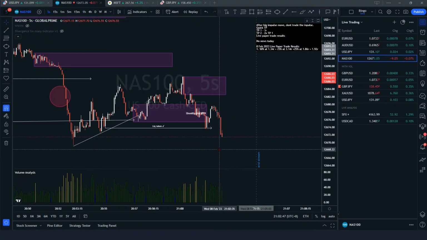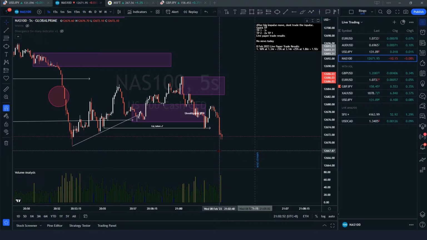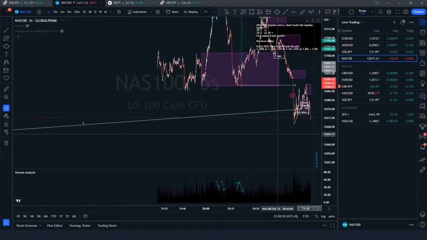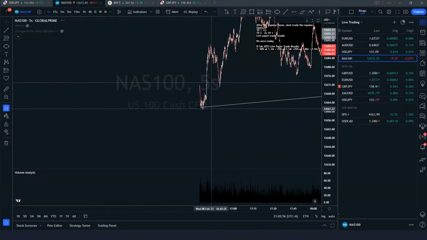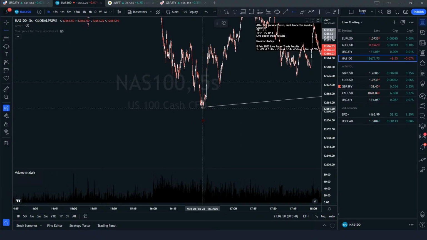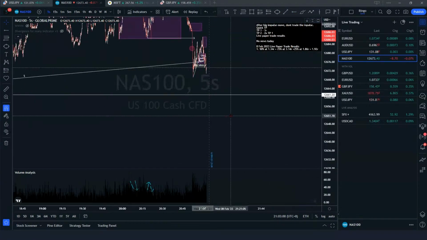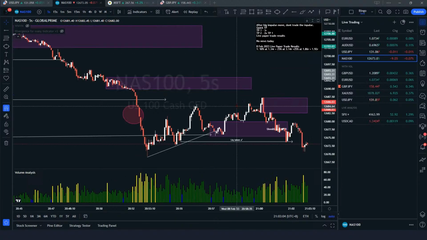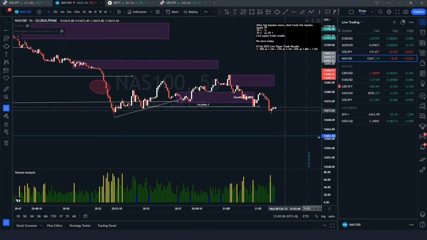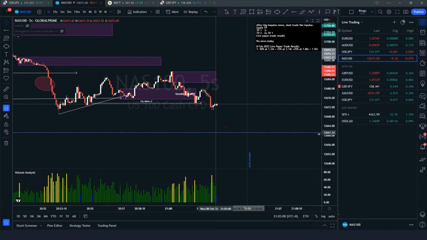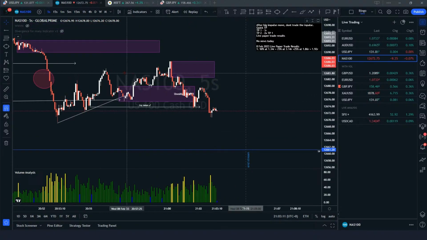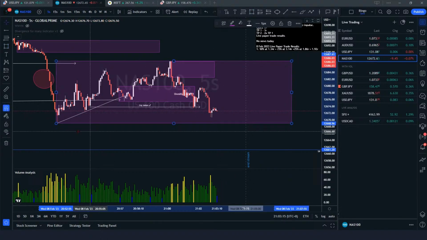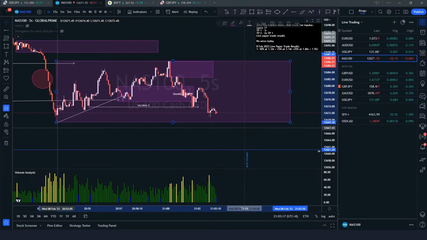Okay, we have... Nope. Final target for this down move is the lows here. We are approaching this area, so we do have this distribution, right?